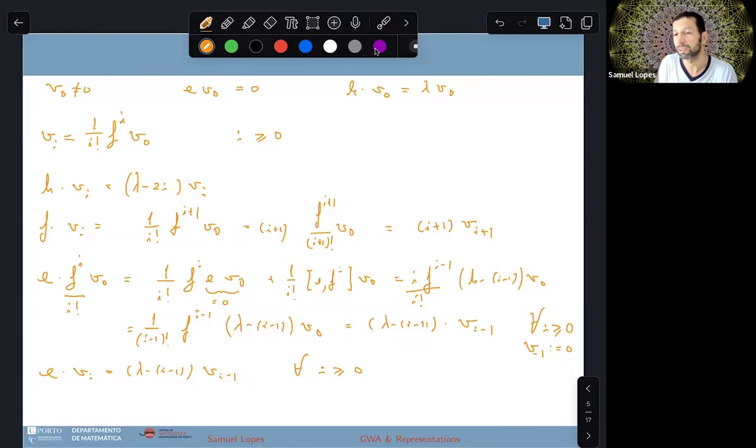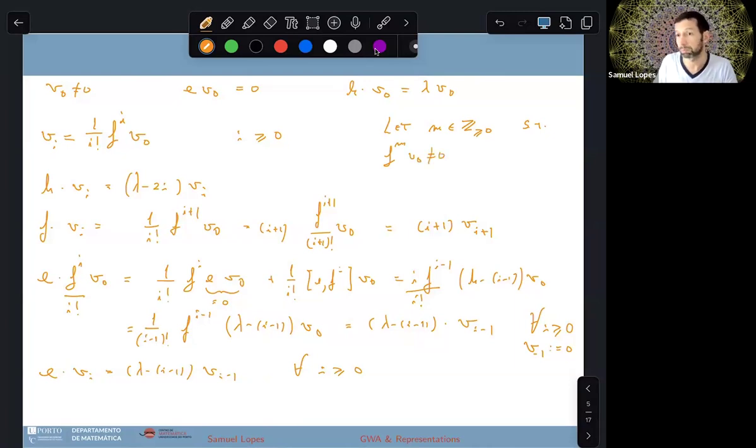We've done this argument. These eigenvalues are all distinct, so these vectors cannot be all non-zero. So let m be such that f to the m v0 is still non-zero.